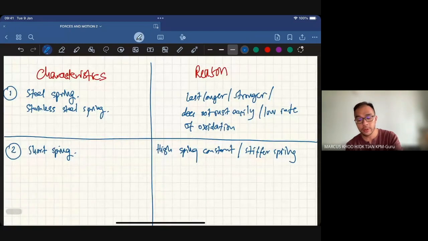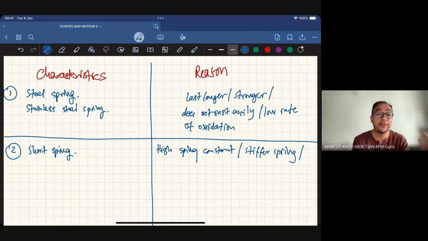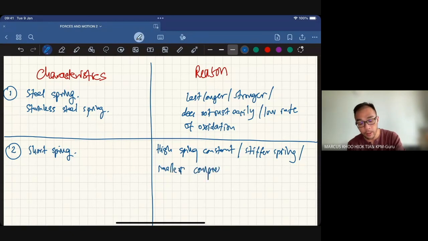Another way to write the words accommodate a person with a bigger mass or bigger force is you can say small compression, smaller compression. This is another way to say can accommodate a person with a bigger mass or bigger force. A person with higher weight, it means the compression is small.